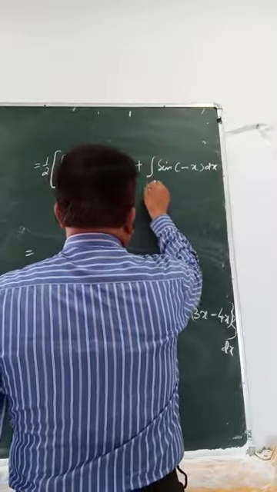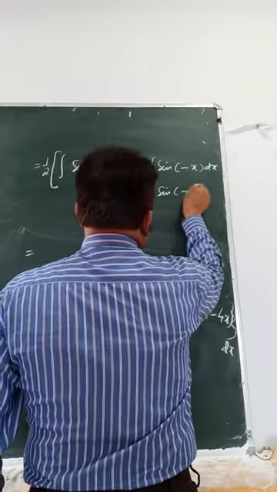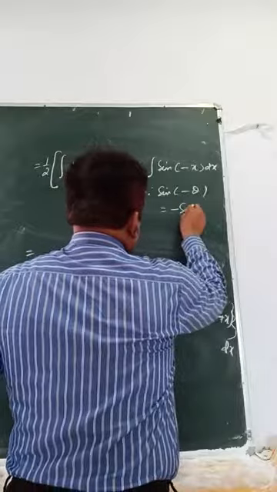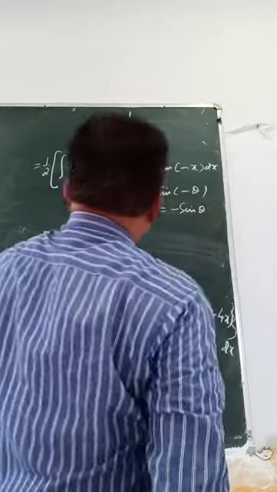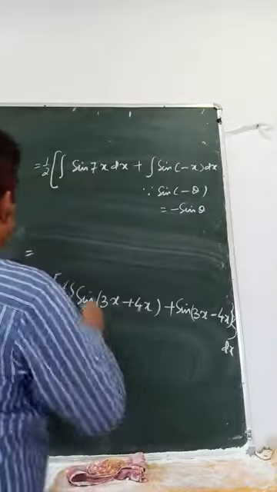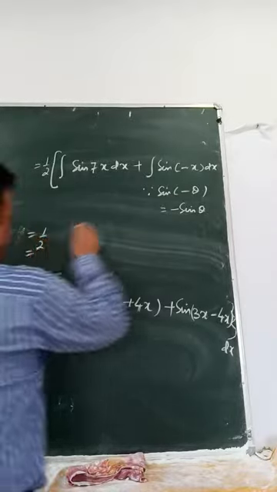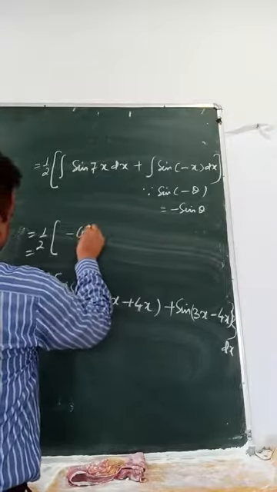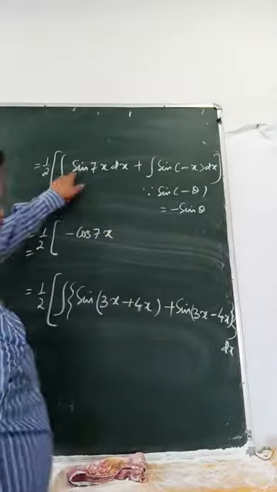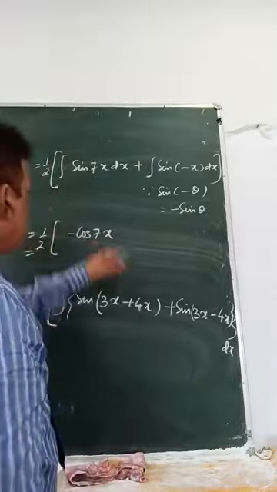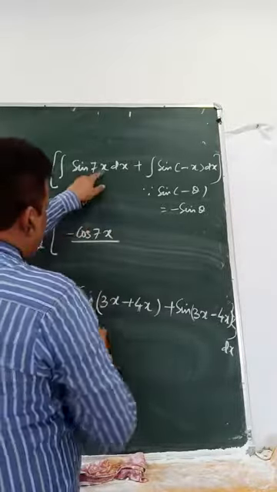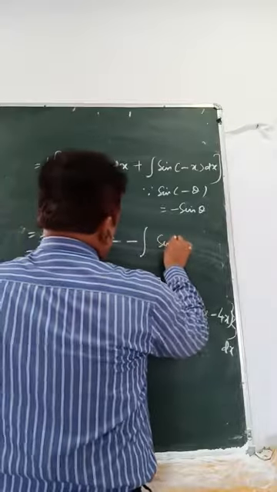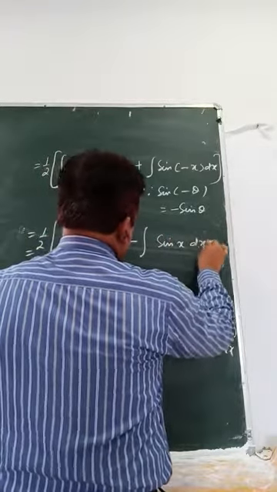Here you are using the formula: sin of minus theta is minus sin theta. Now you can integrate this. That is half of minus cos 7x, the integration of sin is minus cos, divided by 7 by chain rule, and this is minus sin x dx.